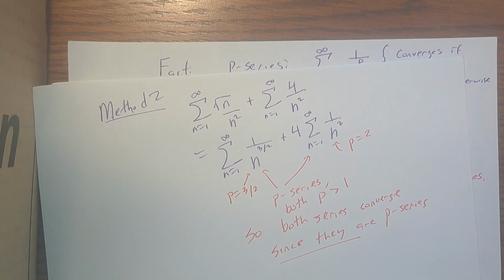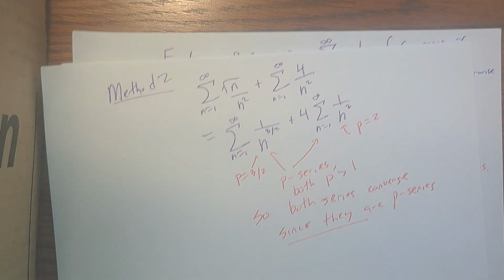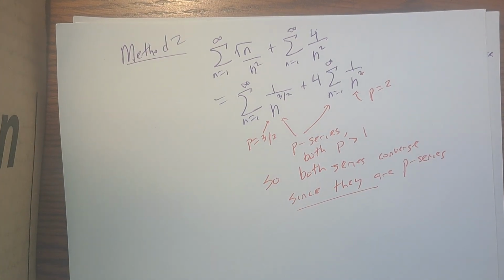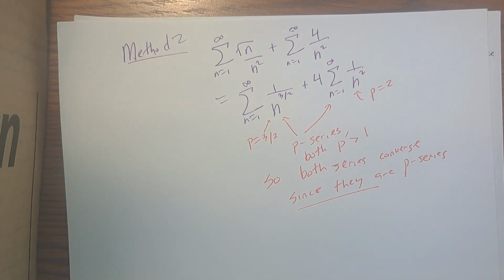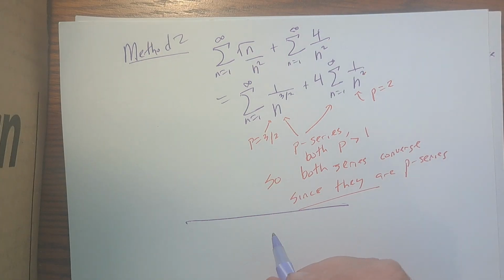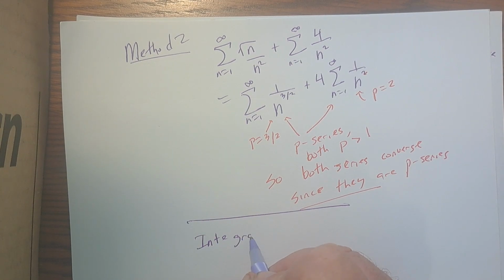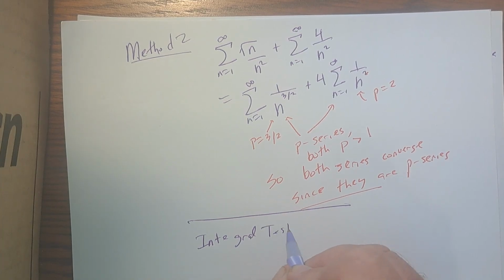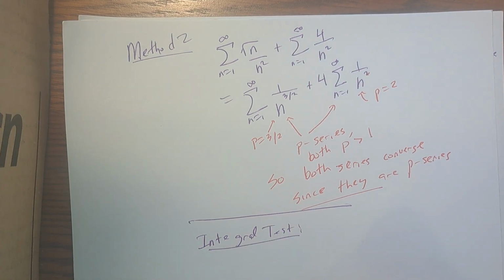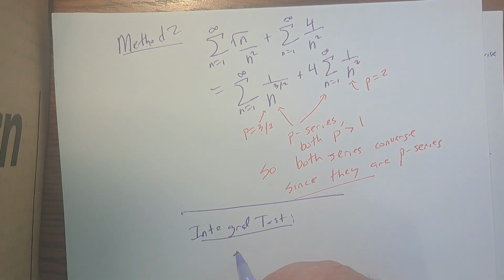There's one more thing to talk about before we finish this section, and that is the integral test is a little bit more versatile than the way it's stated. And this will be helpful in some of the homework problems. The integral test asks for these conditions.